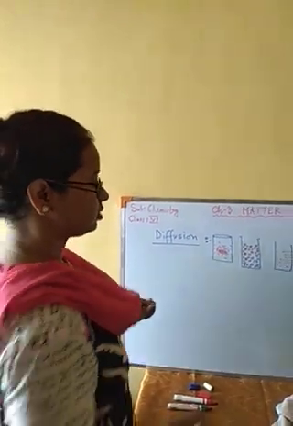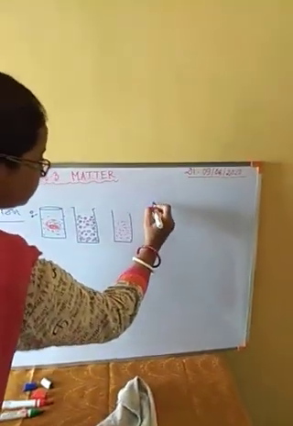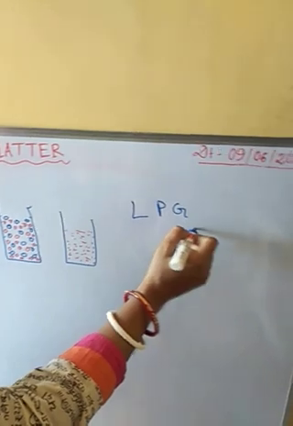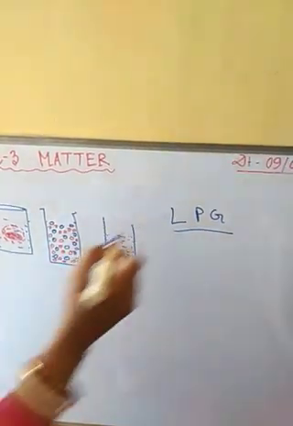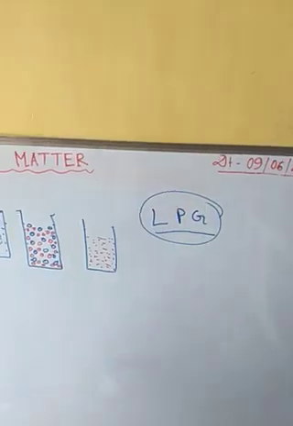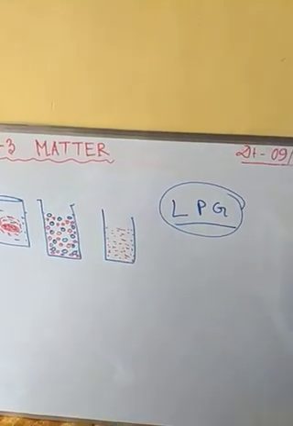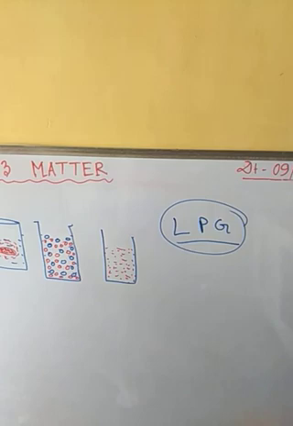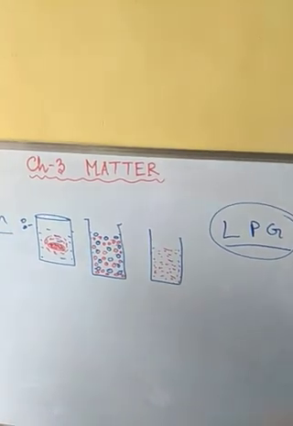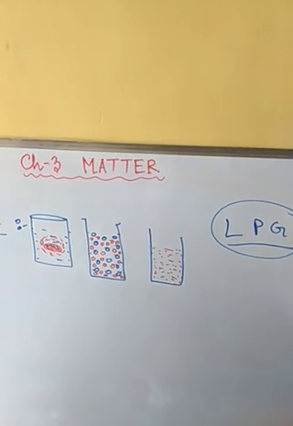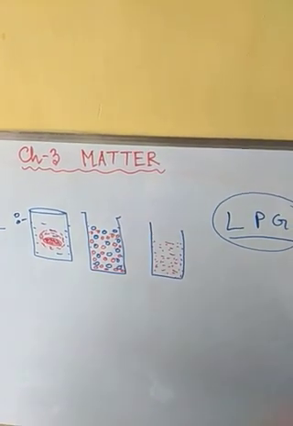Take LPG gas, the LPG cylinder which we use at our home. If any leakage is there, we can easily find it out because of the strong smell of the LPG gas. Because of safety measures, a compound called ethyl mercaptan is mixed with that LPG gas.